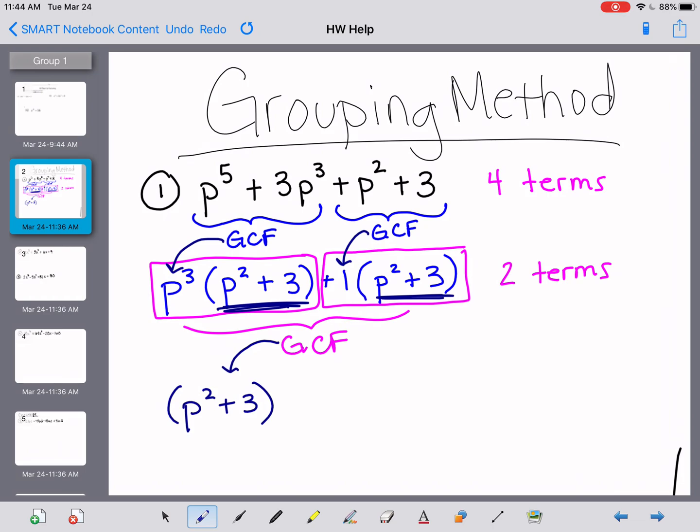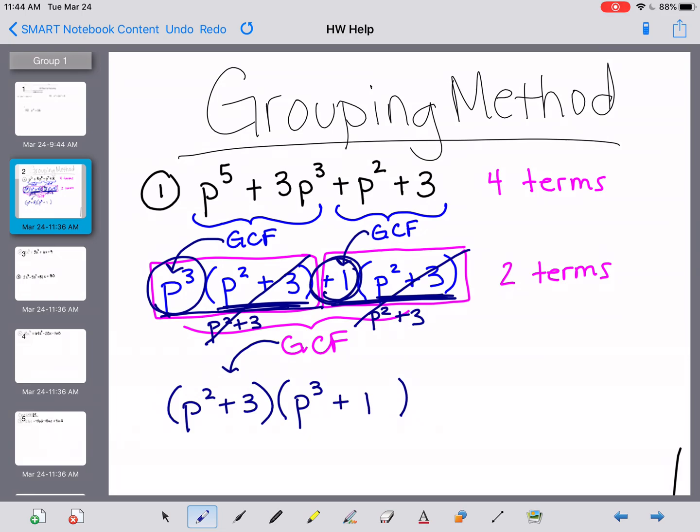After we put the GCF in front, we make a bubble of what would be left over. If I divided this first box by p squared plus 3, because that was my GCF, those cancel because they're the same, and all I'm left with is p to the 3rd. If I divide this second pink box by my GCF, those cancel because they're the same, and all I'm left with is the plus 1.